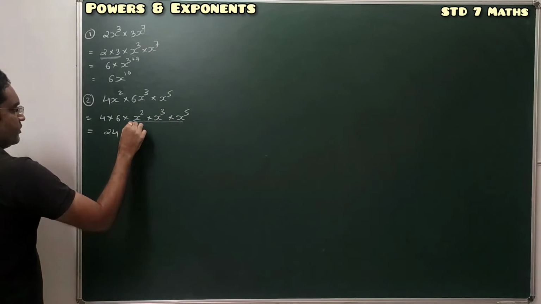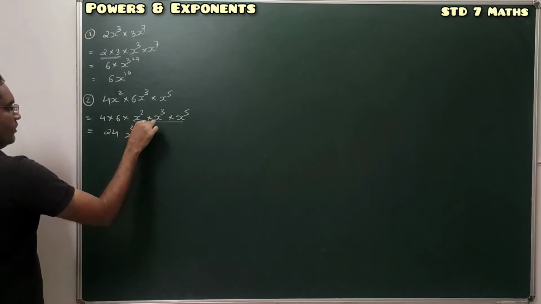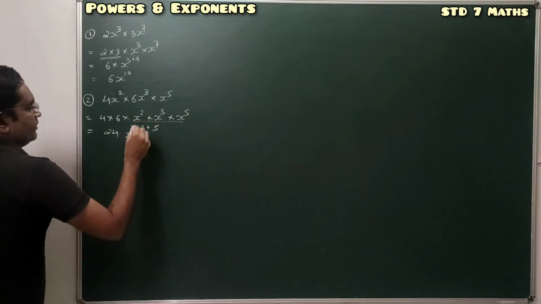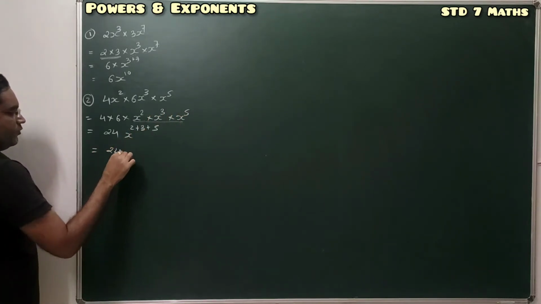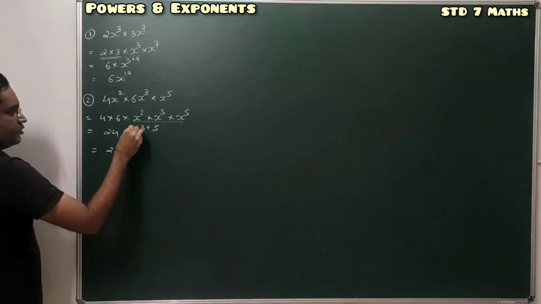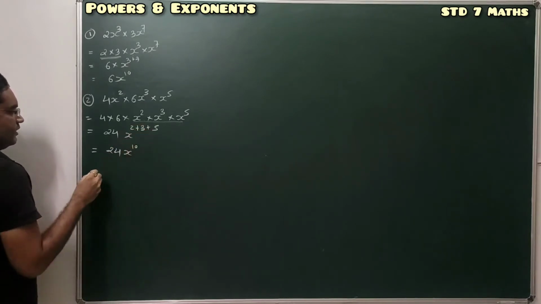So it's x raised to 2 plus 3 plus 5, addition of all 3 powers. So our answer is 24 into x raised to 10.